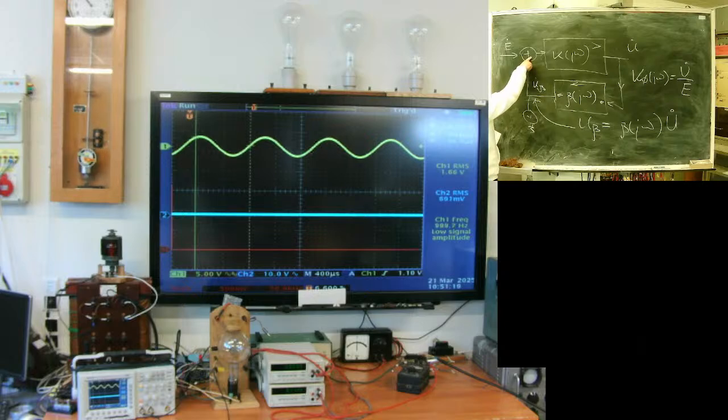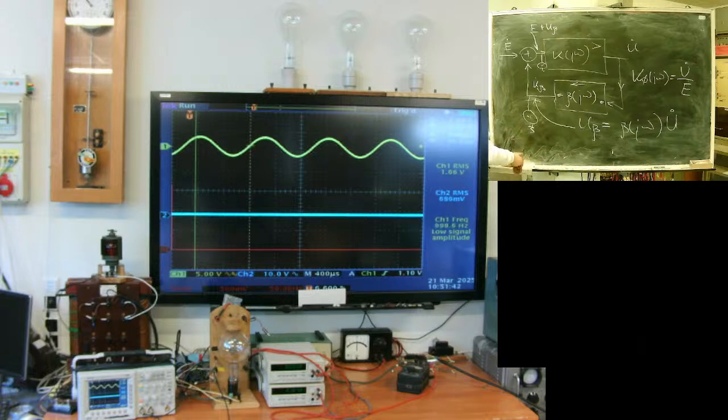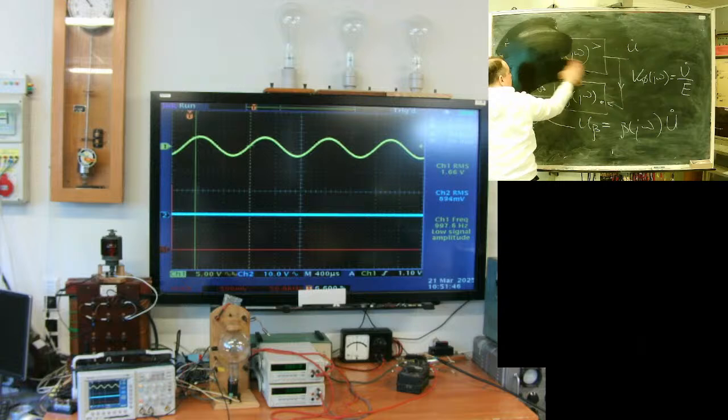Because I have a sum here, at this point, what will I get? I will see input plus U back. Yeah? What will I see at the output?